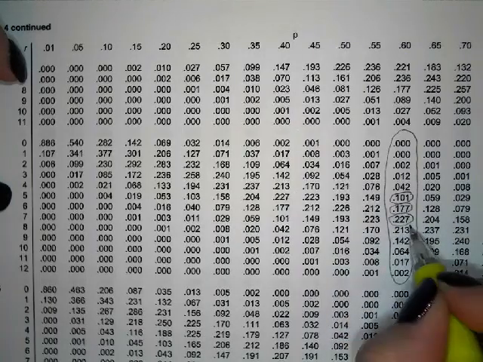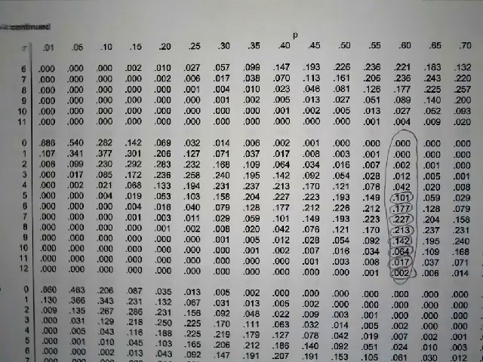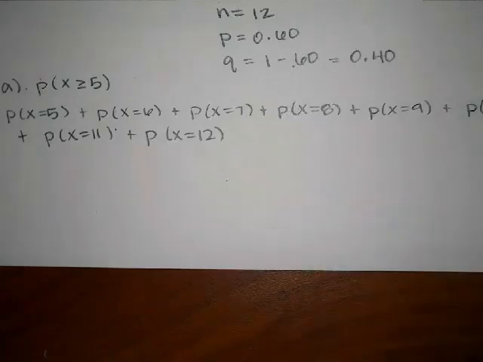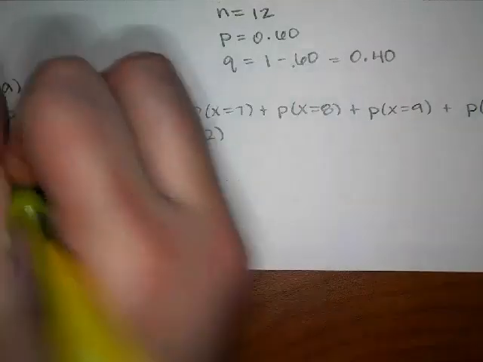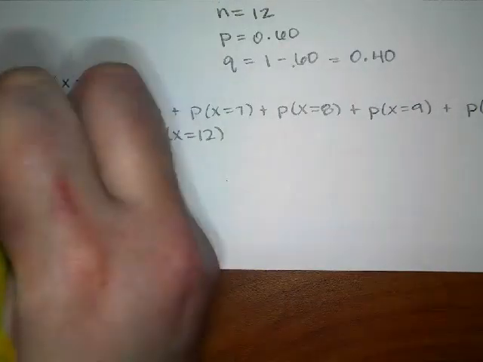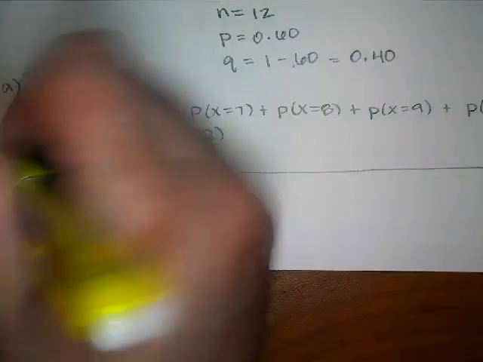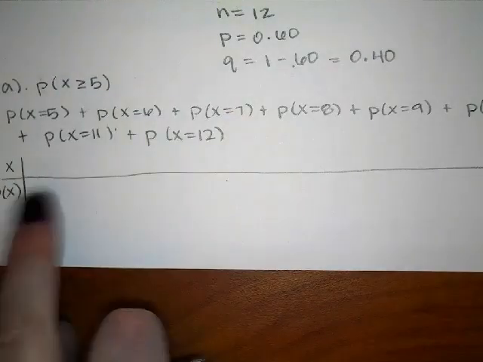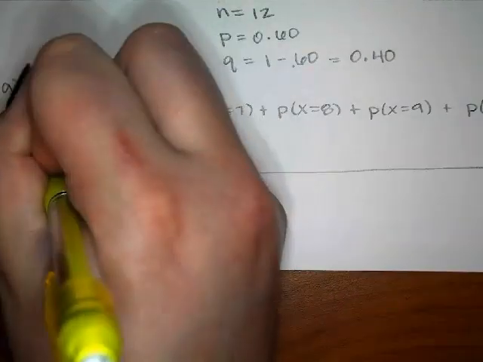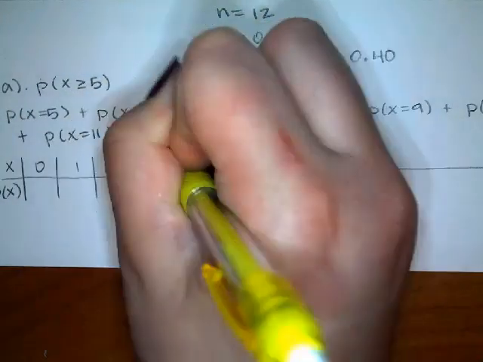So I could make, just like we did in the last set of notes in section 5.1, a probability distribution. I could make a table from this. I could say if I have X number of successes, the probability of having those number of successes, and I could fill out this table, and that's what I'm actually going to do first, so that you guys can see how this relates to what we did before.